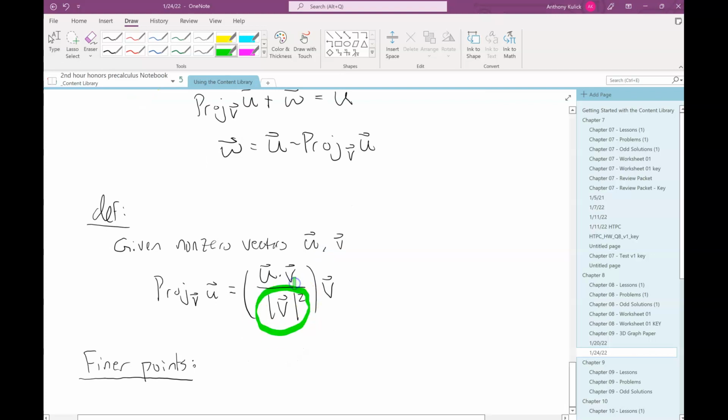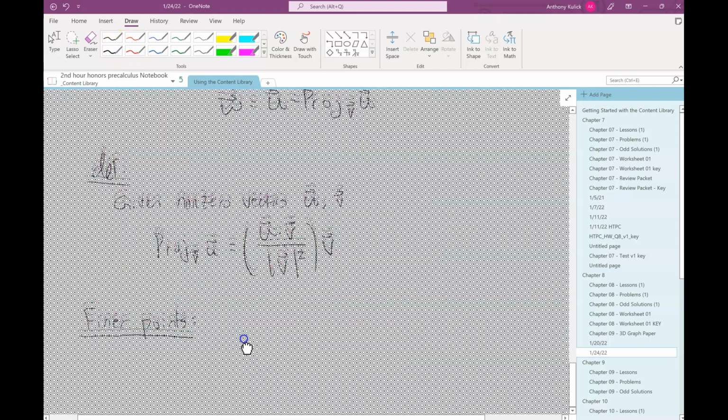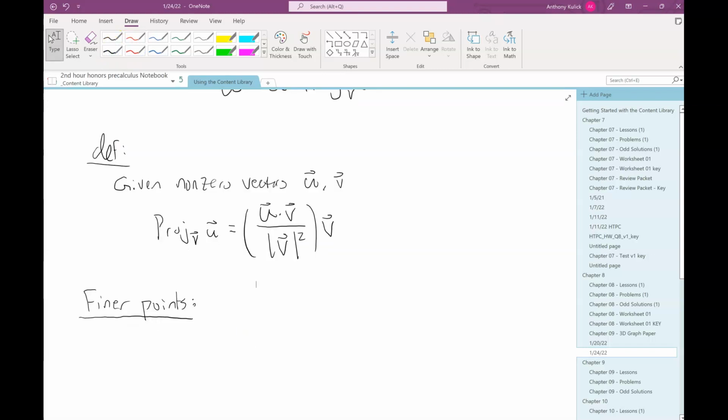And it appears that the size of vector V does matter. Well, it kind of does and it kind of doesn't. Depending on what you're trying to do, there are a lot of cases where really all we care about for V is its direction, and we can just assume the magnitude for V to be 1.